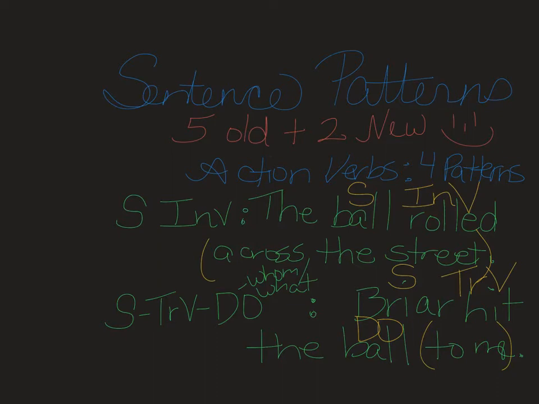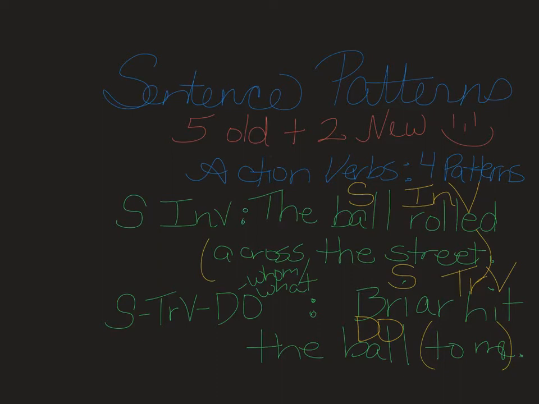The ball rolled whom or what? Do we have an answer? Nope, we do not. Okay. Across the street is a prepositional phrase answering where. Okay, and heretofore, none of our sentence parts have been able to be in a prepositional phrase. There is a caveat to that, and we will discuss that in just a moment.